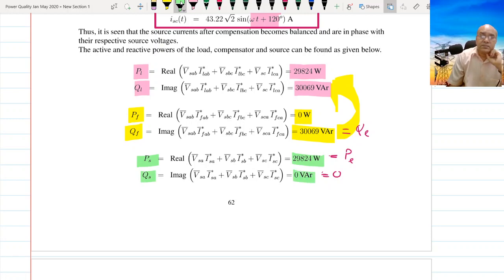So if you find out the compensator performance, so what finally we observe? We observe that PS equal to PL or PL average and QS is equal to 0.